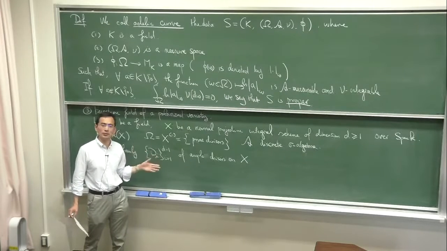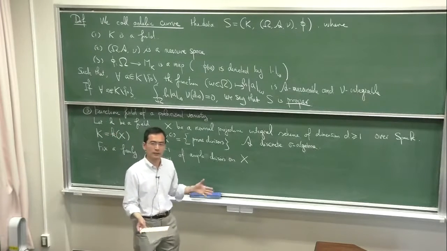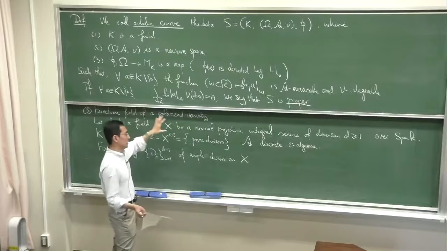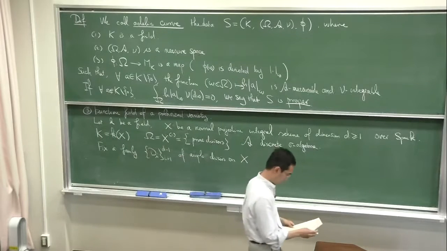You don't need to consider ample divisors. But for a higher dimensional variety, you need to take some auxiliary ample divisors to have a good structure.